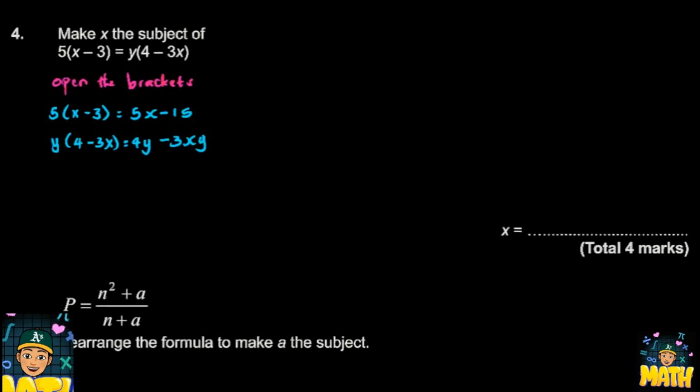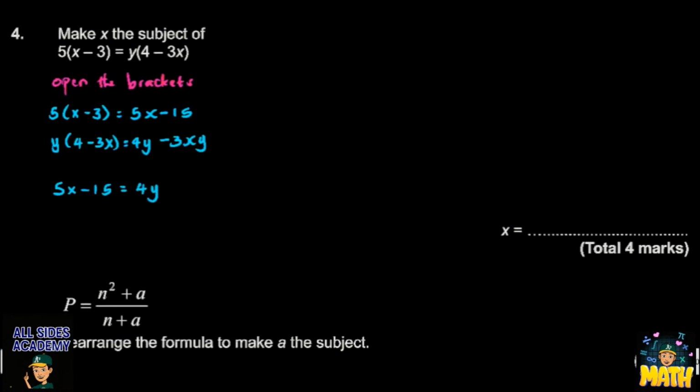So having done that, now I rewrite that equation. 5x minus 15 equals 4y minus 3xy. And then I put the like terms together, the ones that have the x value, because that is the one that I need on one side.